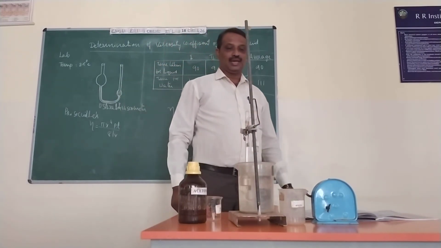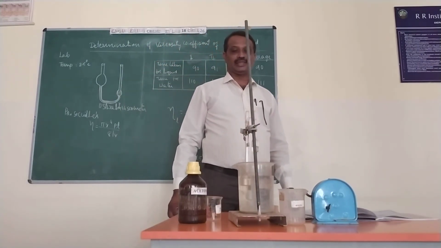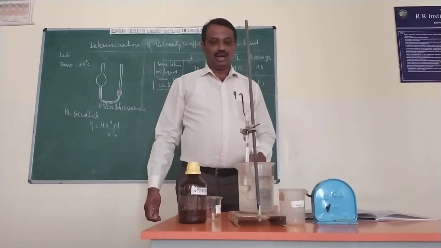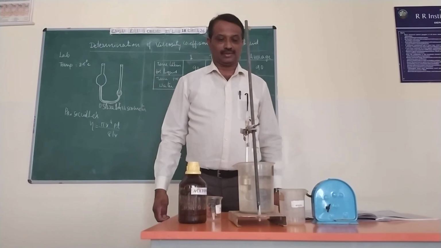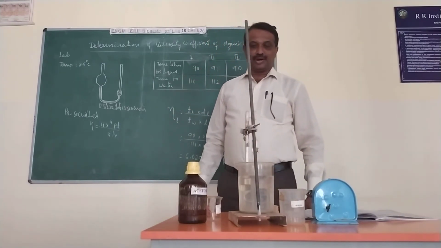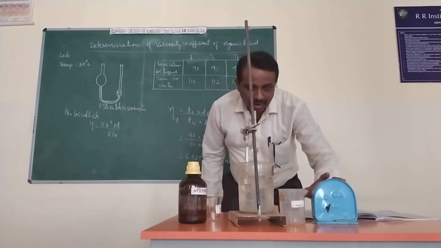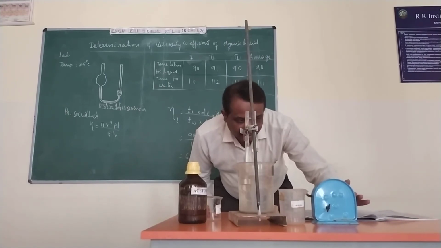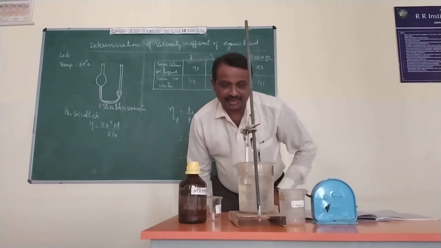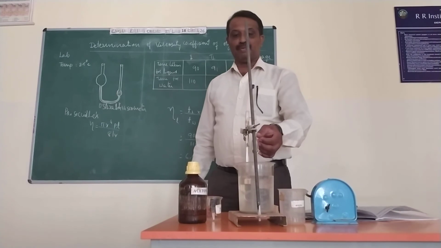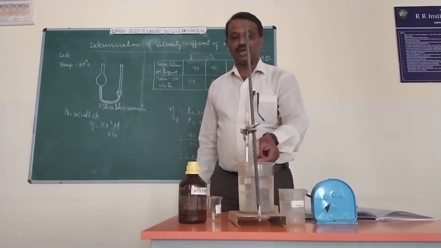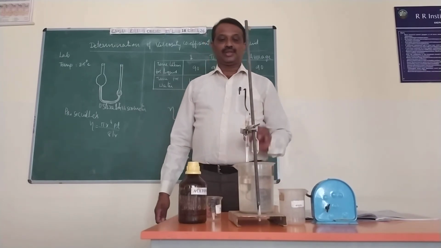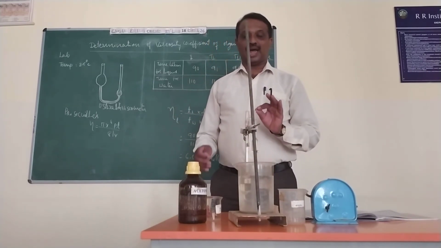From this, we can neatly estimate how much time is taken from the upper mark to the lower mark. So now it has taken 90 seconds to move from the upper mark of the smaller bulb to the lower bulb. So this 90 seconds has been taken.